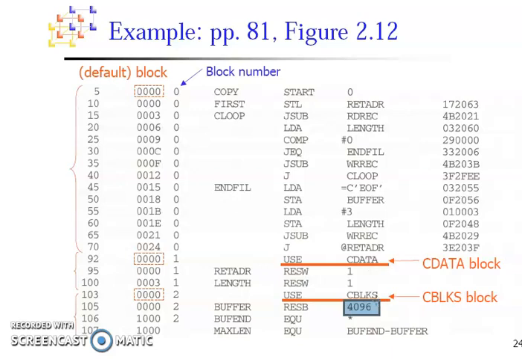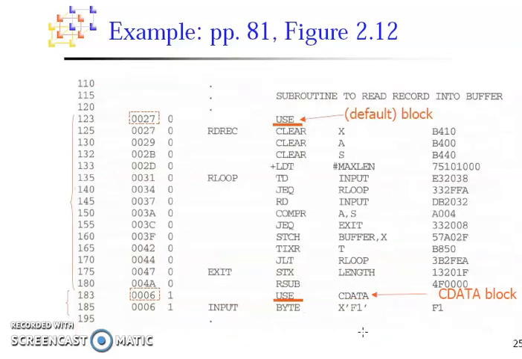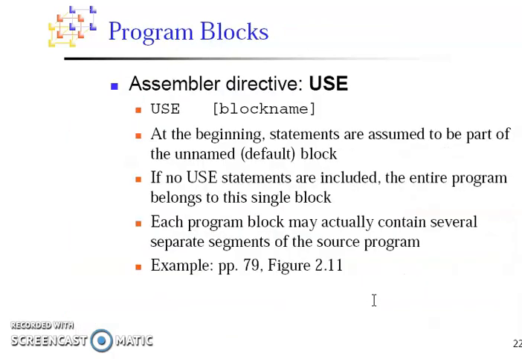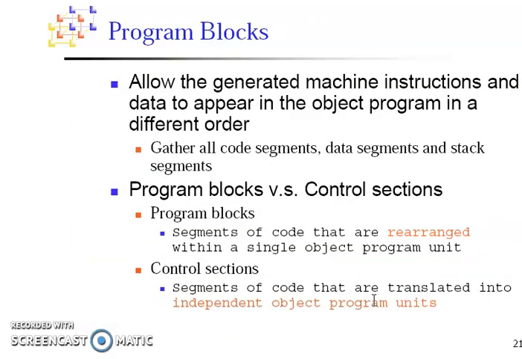It divides it into another block as the larger data block section or stack section. So use without a name indicates the default block. Use with a name indicates some data block. So, program blocks.